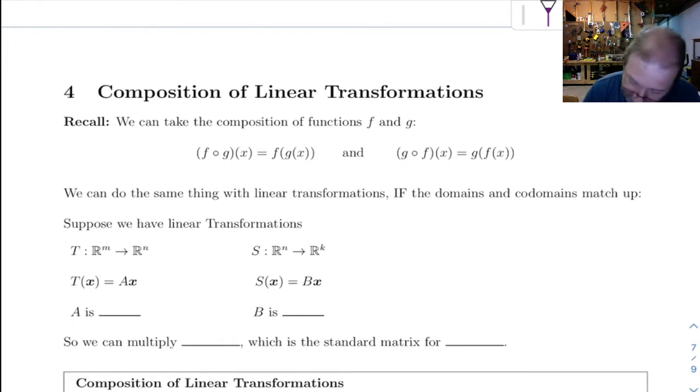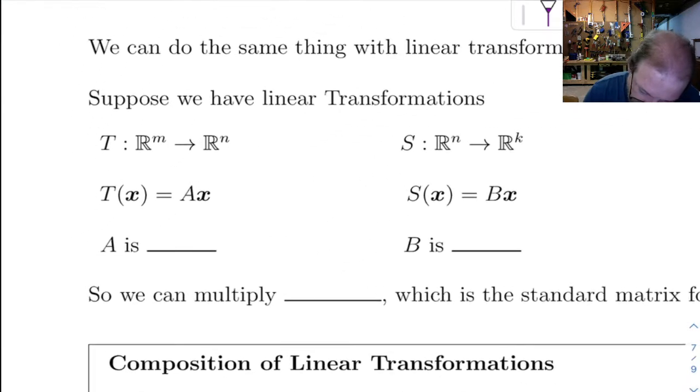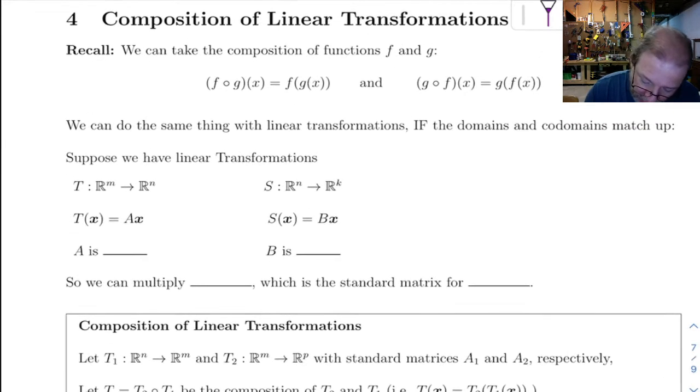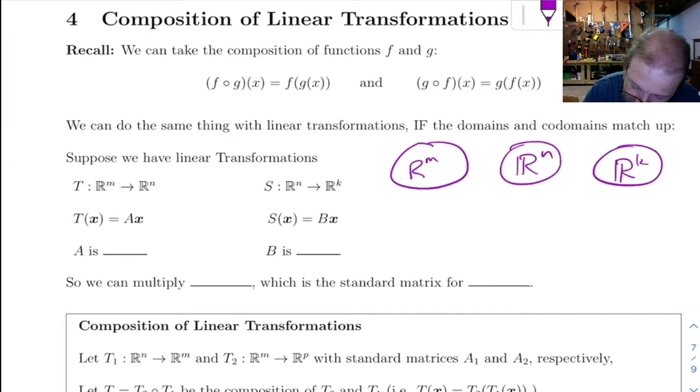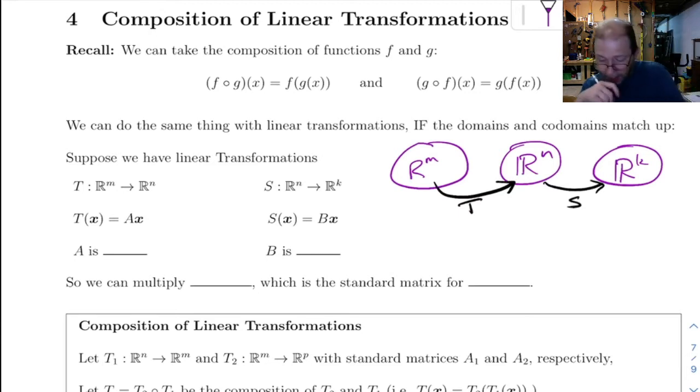So suppose we have this. We've got T maps Rm to Rn, and S maps Rn to Rk. So if you think about what this does, we've got three things. We've got Rm, we've got Rn, and we've got Rk. And T takes Rm to Rn, and then S takes Rn to Rk.